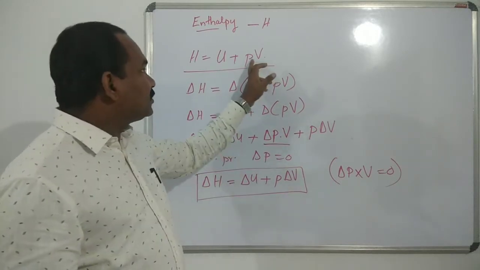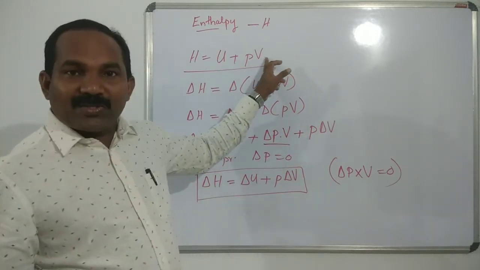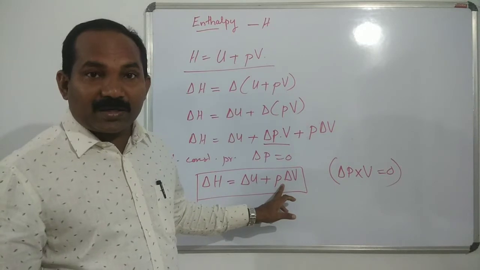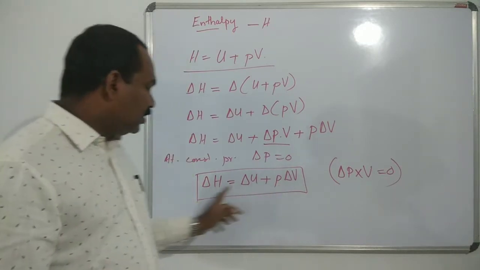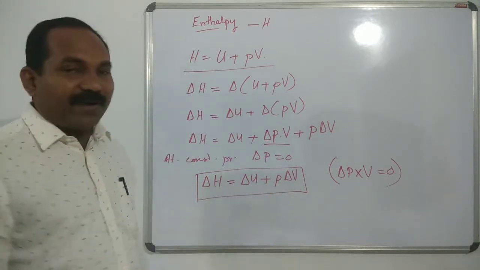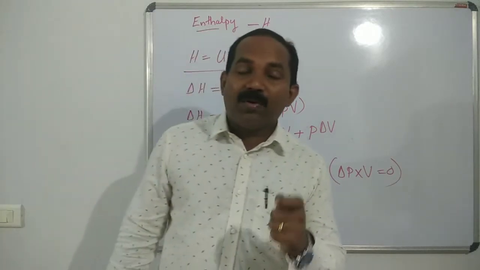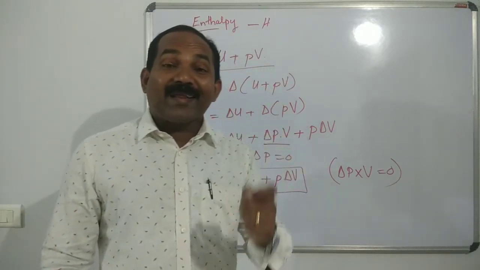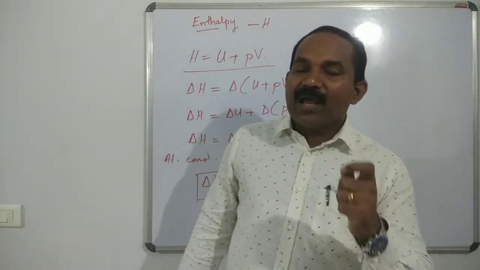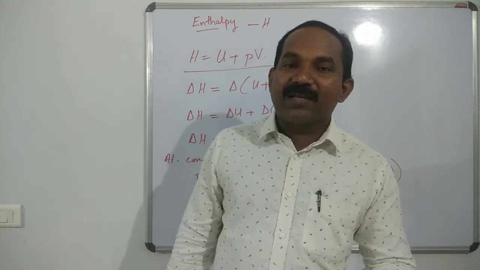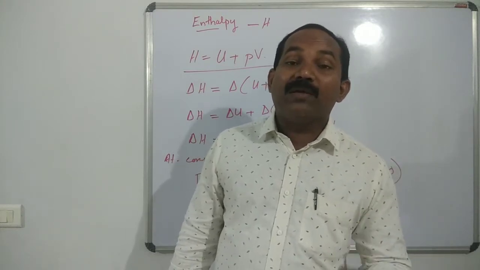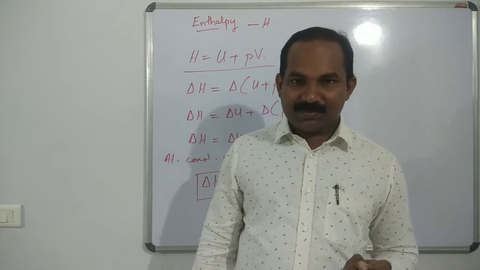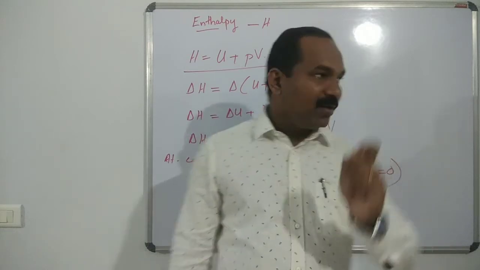Here it is pressure volume energy, here it is work done. You remember that. So change in enthalpy is defined as the sum of the increase in the internal energy and pressure volume work done. Are you clear? Yes.